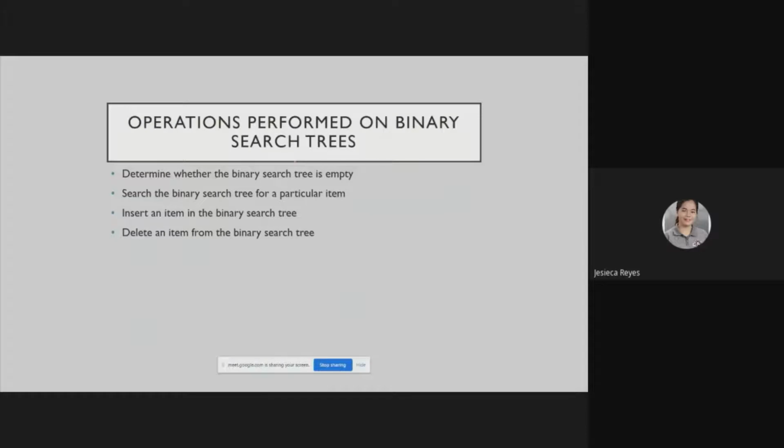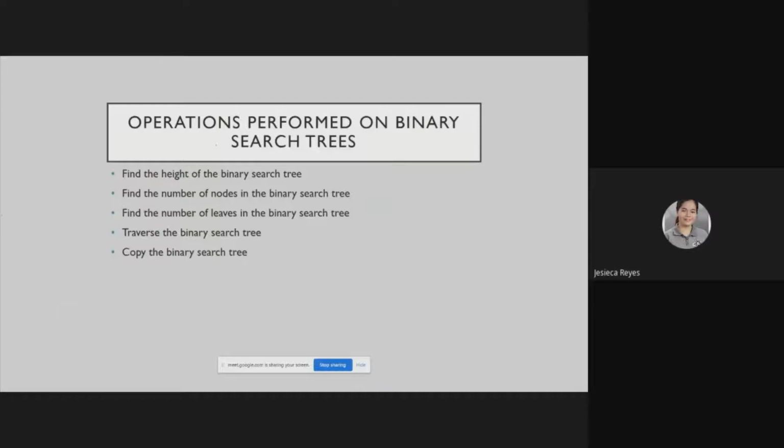For binary search trees, we also have the following operations. Determine whether the binary search tree is empty. Search the binary search tree for a particular item. Insert an item in the binary search tree and delete an item from the binary search tree. And also find the height, find the number of nodes, find the number of leaves.